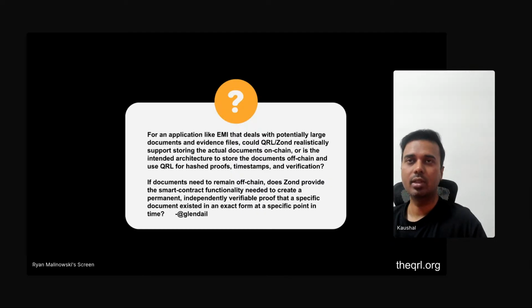But when it comes to scalability, if you want the blockchain to scale and store lots of data, there is always a solution which can come from layer 2 support. If there's a blockchain on layer 2 using the QRL blockchain, they can provide these features if someone wants to build something like that. Otherwise, you can just store the document, but that will cost you a lot depending upon how many bytes you are trying to store.